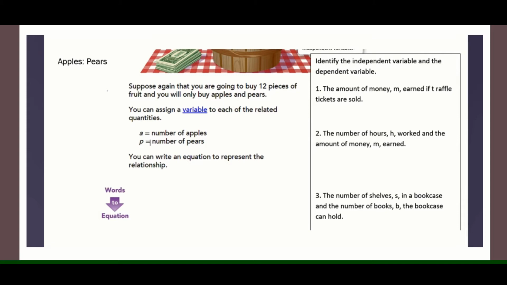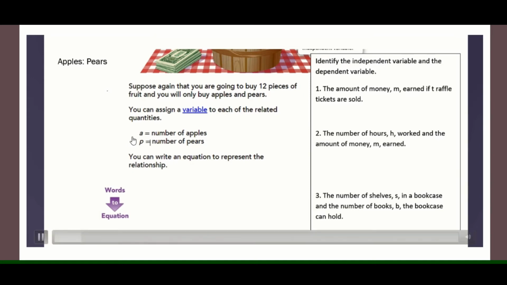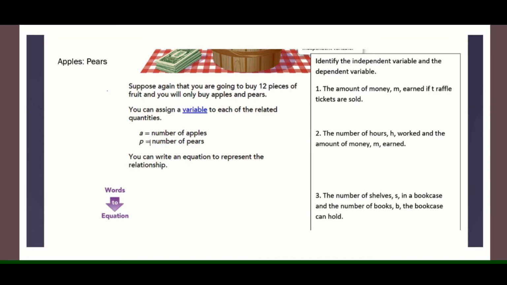Suppose again that you are going to buy 12 pieces of fruit and you will only buy apples and pears. You can assign a variable to each of the related quantities. The related but unknown quantities are the apples and the pears. You have to buy a combination of both, and it must be equivalent to 12 pieces.